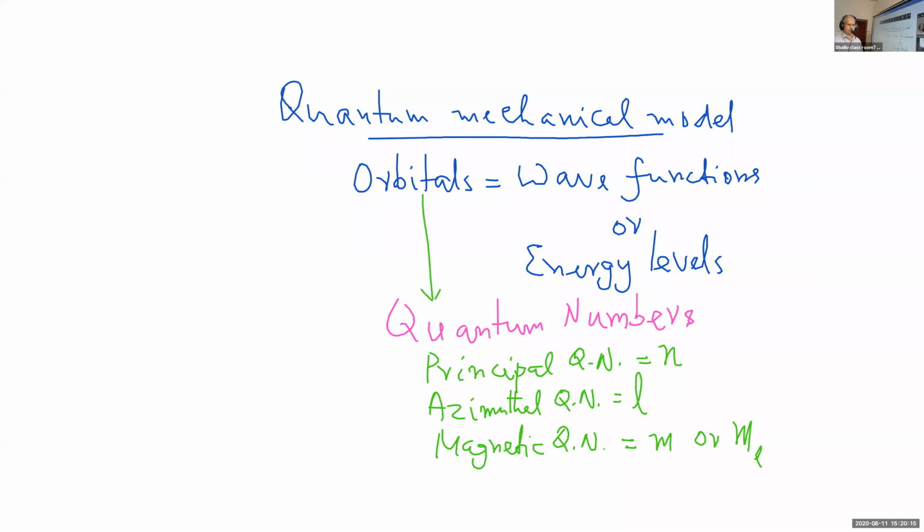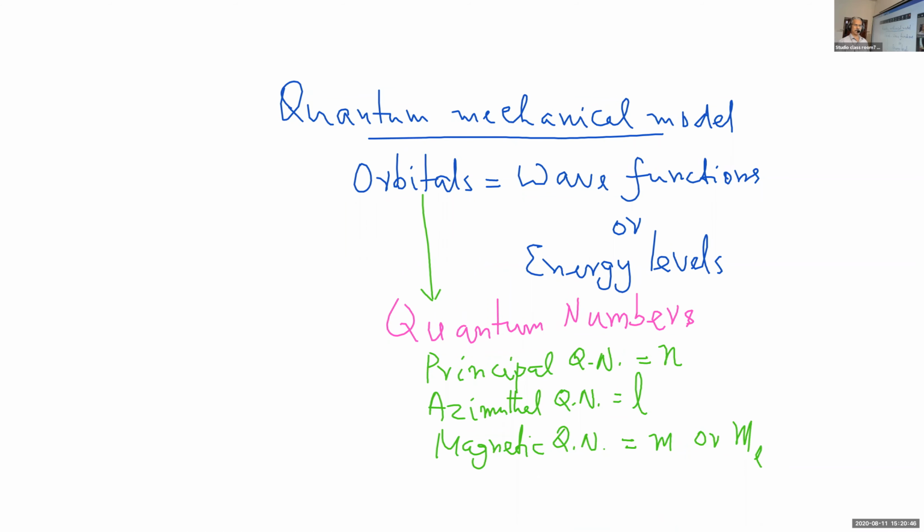The quantum numbers are the principal quantum number small n, the azimuthal quantum number small l, and the magnetic quantum number m or ml.